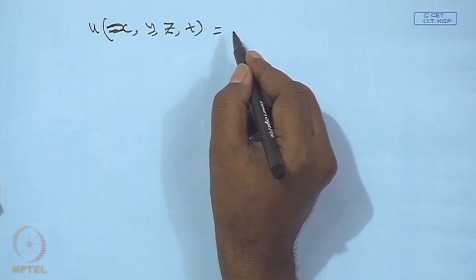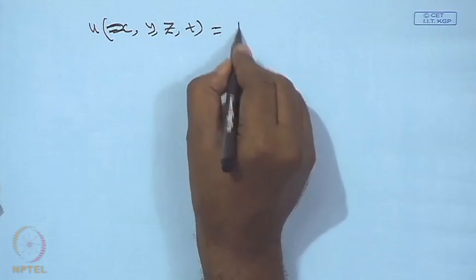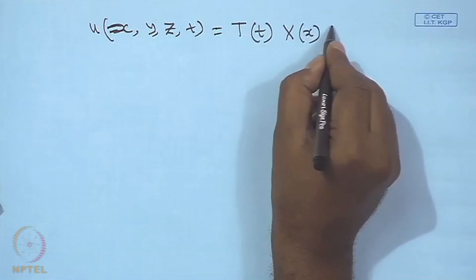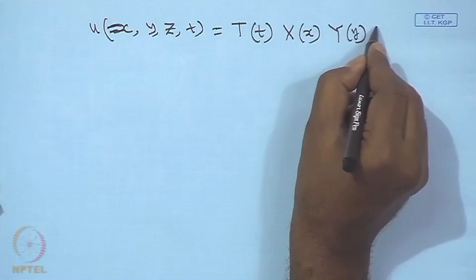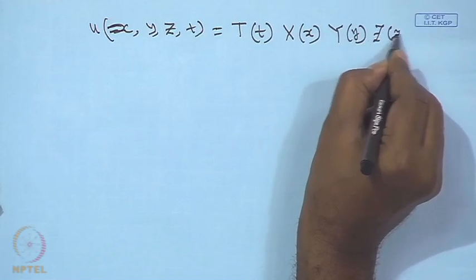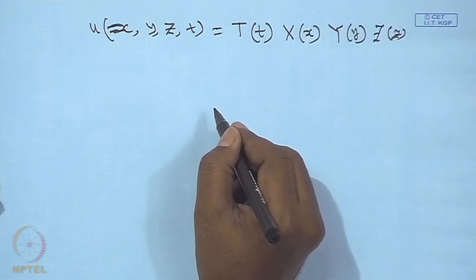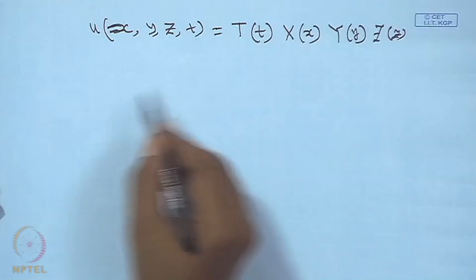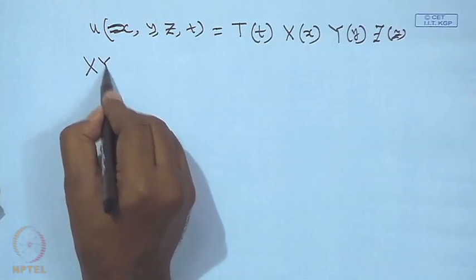So, it is a product of 4 functions, which is a function of time alone, another is a function of x alone, another is function of y alone, another is function of z alone.